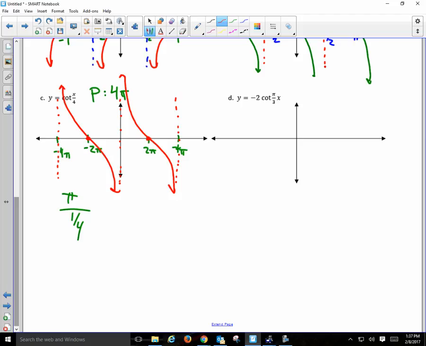What's the period for the last one? Pi divided by pi over 3 would be 3. Divided in half.